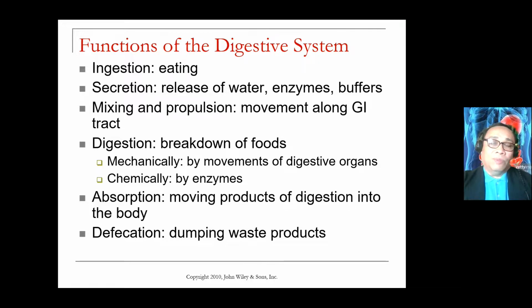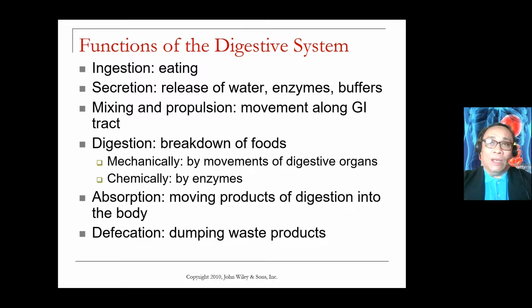And the next stage would be digestion, which is the actual breakdown of food that is accomplished mechanically and accompanied by chemical breakdown. Mechanical breakdown involves the movement of the digestive organs, particularly how the stomach moves in a movement described as churning.